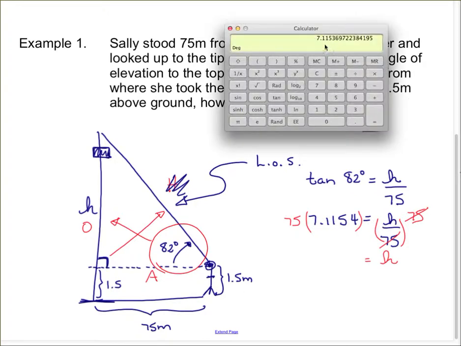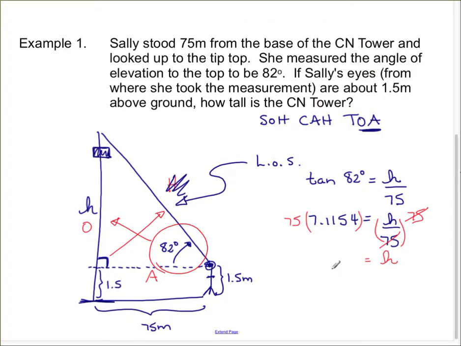Now again, luckily I didn't remove 7.1154 from the calculator, so all I have to do is go times 75 equals, and that's 533.65. So 533 point, I'm going to go 533.7 meters. Now of course we have to add in this 1.5 meters too.